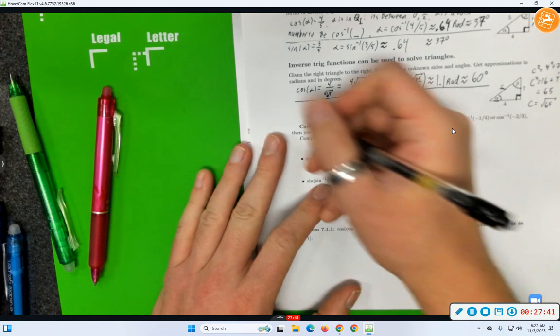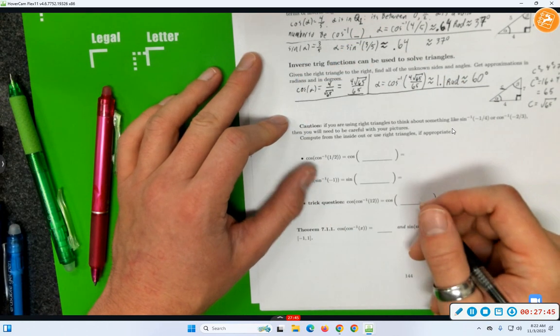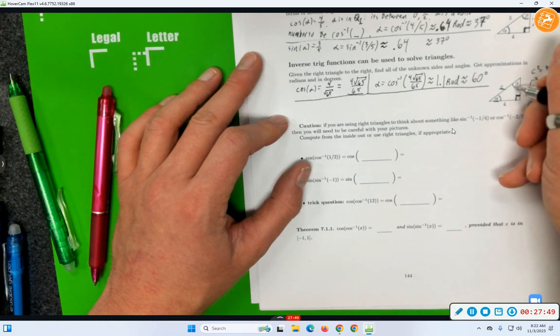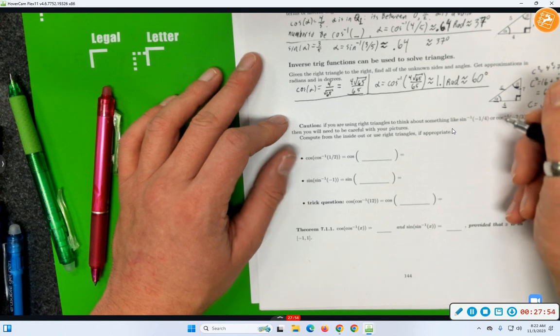Oh, notice, I think I'm only going to emphasize the angle. Well, no, I should do both because it says to do both. Let's also compute the angle beta. So it looks like beta, let's see, I know its opposite is 4, while the hypotenuse is c.